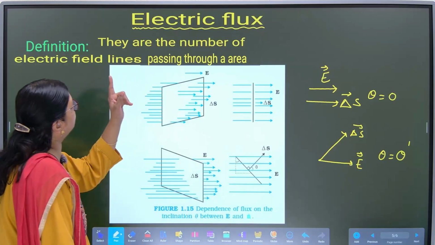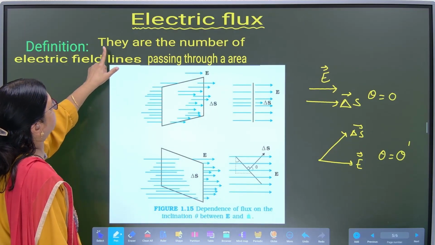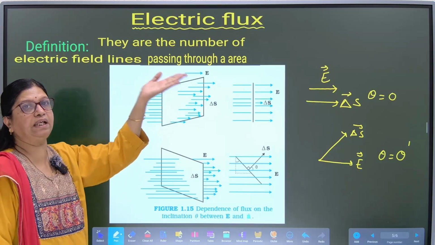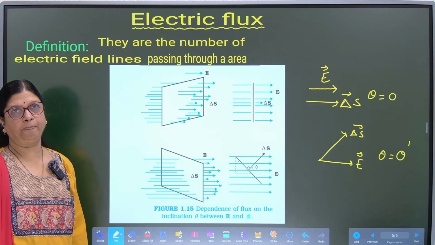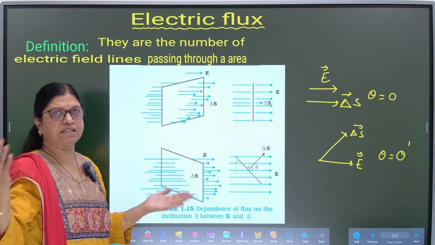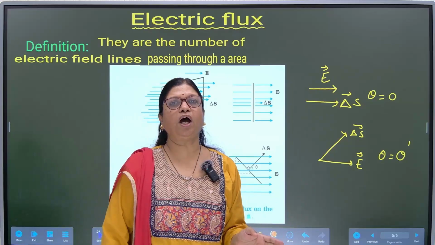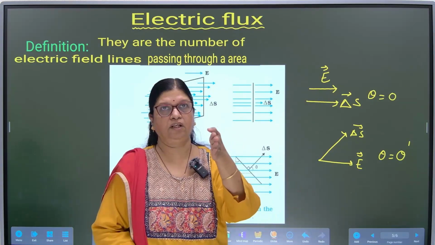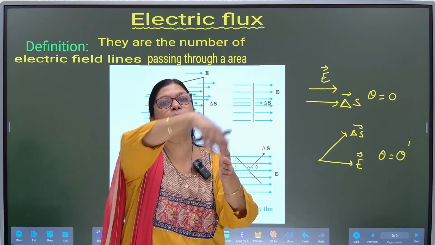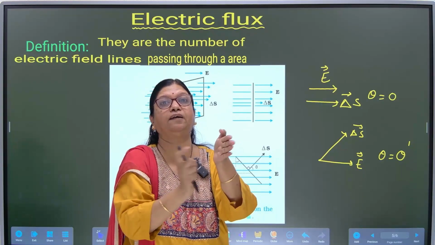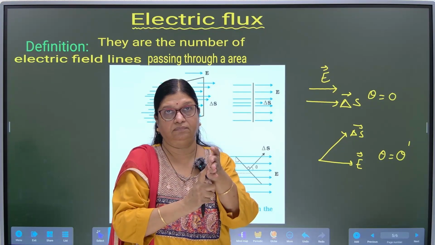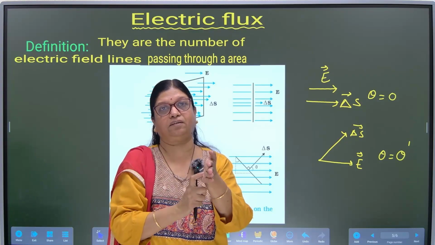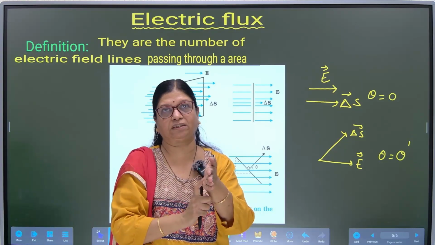Now coming back to the definition, we can say it is the number of electric field lines passing through an area. This is just a simple example. You are sitting in flowing water with a surface. How much water is flowing through this surface? That is the flux. That is the water flux.